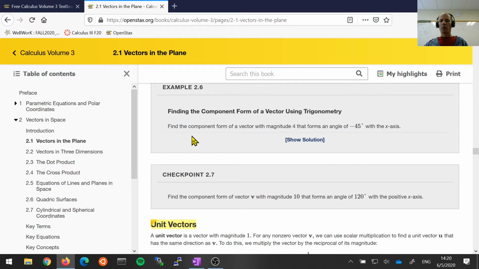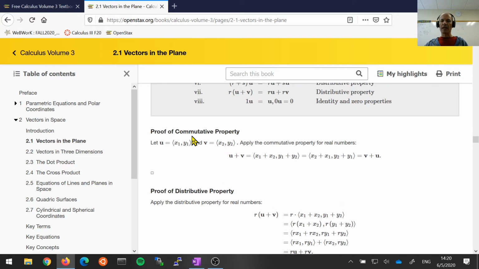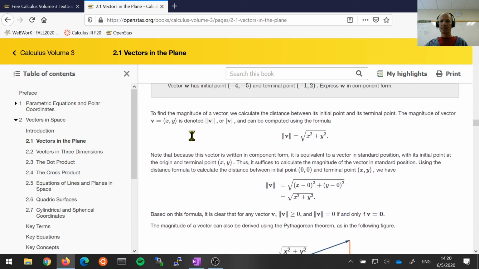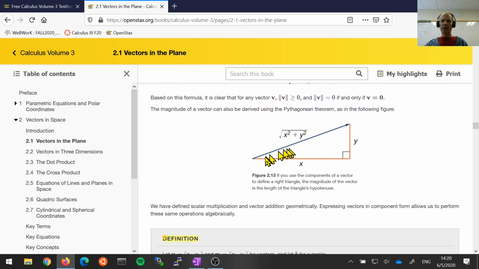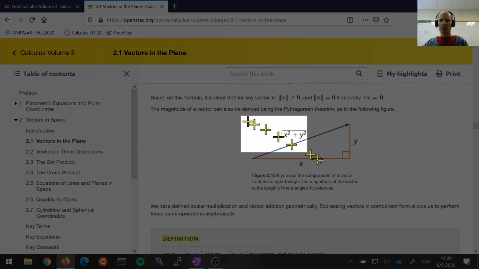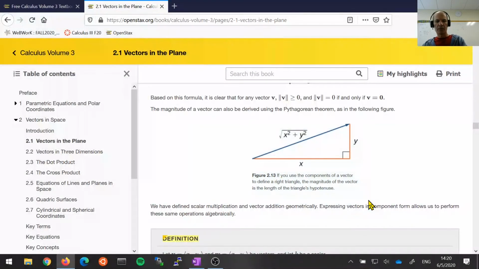trigonometry is a really important thing lurking in the background here. Let me go back to this right triangle representation. You have your vector here. You can always build this right triangle by putting the tail of the vector at the origin. So I can then immediately decompose this vector into two components. So let me grab a copy of this really briefly and show you what I'm talking about over in the notes.